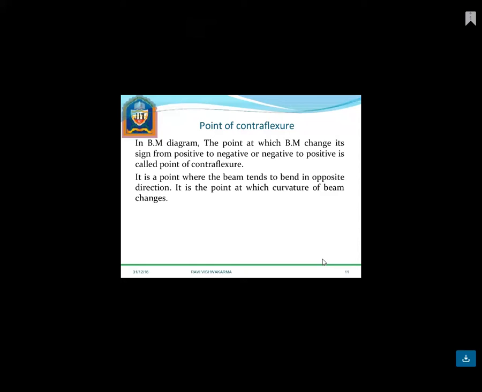It means the point at which the bending moment diagram changes its sign is called a point of contraflexure or point of inflection. Generally the bending moment at this point is equal to 0, and it definitely occurs in the case of an overhanging beam within the supports. So the point of contraflexure is calculated by equating the expressions of bending moment, taking the sections.